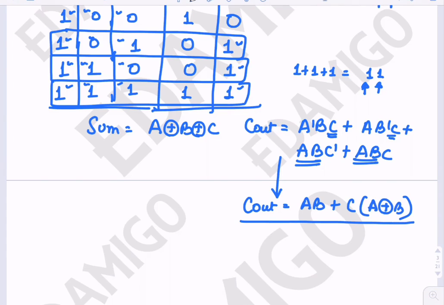So this is your C out expression and this is your sum expression.